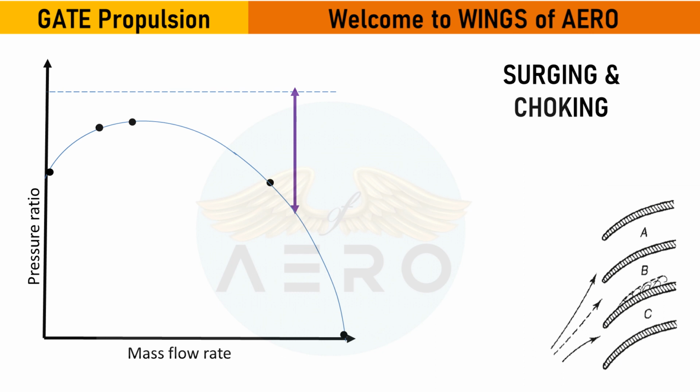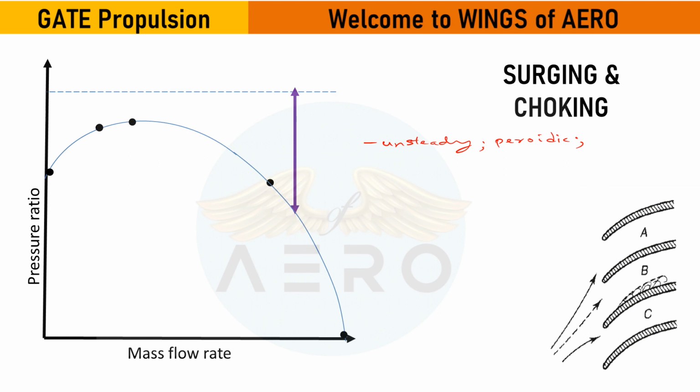Surging is a phenomenon which is caused by unsteady flow, periodic flow, that is, there is some change in flow with respect to time, which is also called stalling.